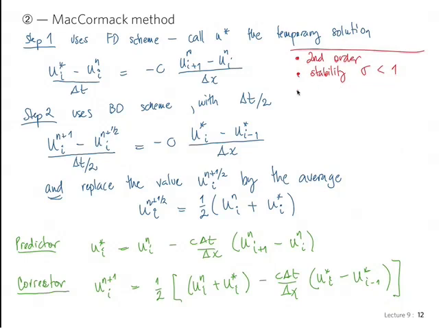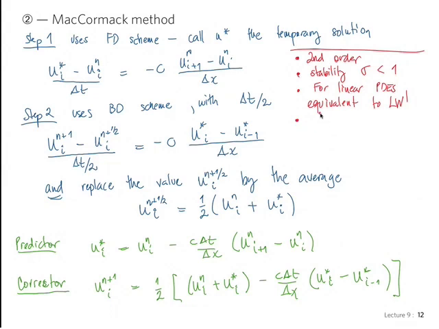And for linear PDEs, similarly to the two-step Lax-Wendroff, it is equivalent to the one-step Lax-Wendroff. Also, we can alternate. It is possible to reverse the order of the backward difference and forward difference in 2 consecutive steps.